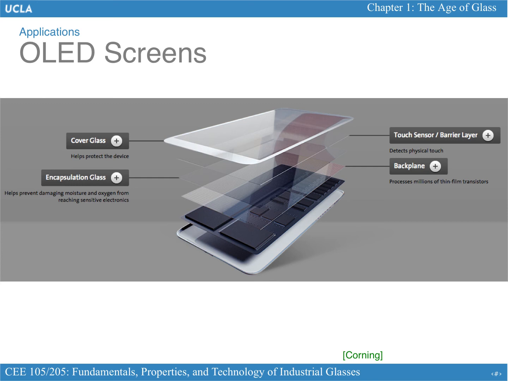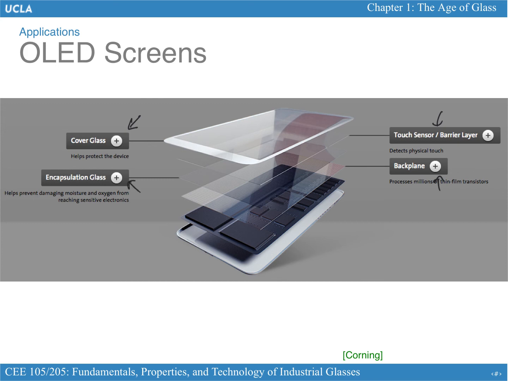And so we will find the same typical layers, like the cover glasses, the touchscreen, and the backplane that is used as the substrate to deposit those organic pixels used in OLED screens. But in an OLED screen, you also have an additional layer of glass, which is the encapsulation glass.